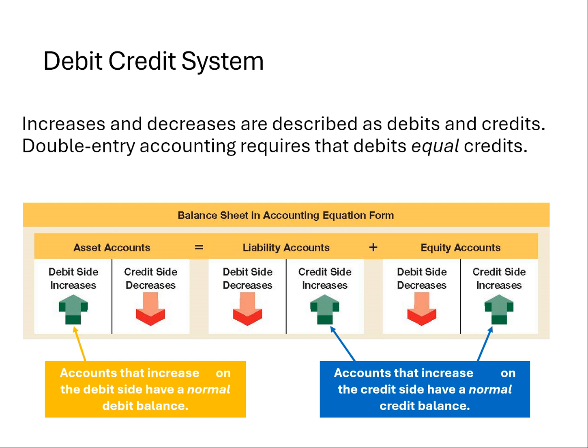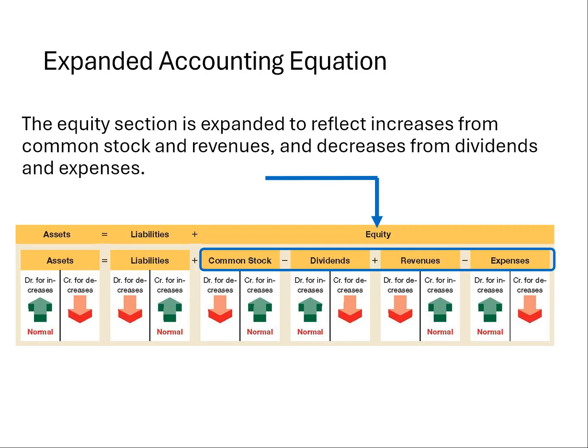We have multiple asset, multiple liability, and multiple equity accounts. If we expand this accounting equation a little bit, the assets and liabilities use the same rules. But for equity accounts, be careful, it's a little bit complicated, because dividends and expenses are going to reduce our equities. Common stock and revenues increase equities, so they have the same rules: debit means reduce, credit means increase.